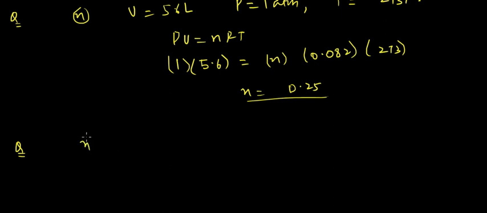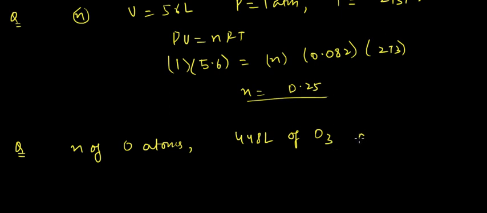Let's have another question. You have to calculate the number of moles of oxygen atoms present in 448 liter of ozone at 1 atm and 273 Kelvin.